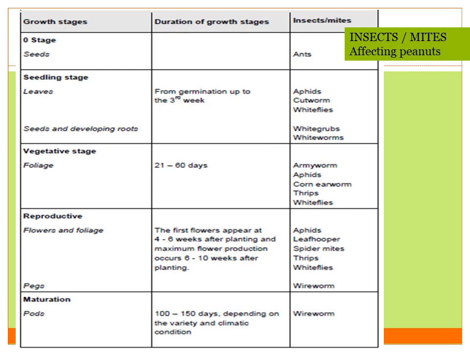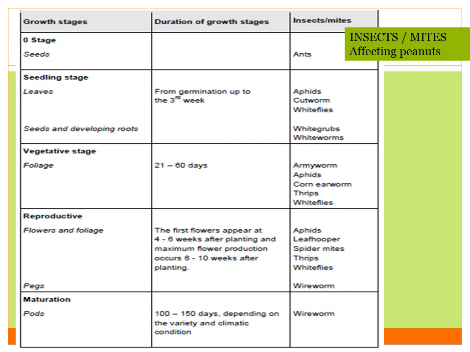During flowering and foliage also, the first flowers appear at 4 to 6 weeks after planting, and maximum flower production occurs at 6 to 10 weeks after planting. So again, aphids, leafhoppers, spider mites, thrips, whiteflies, and wireworms can attack the plant.